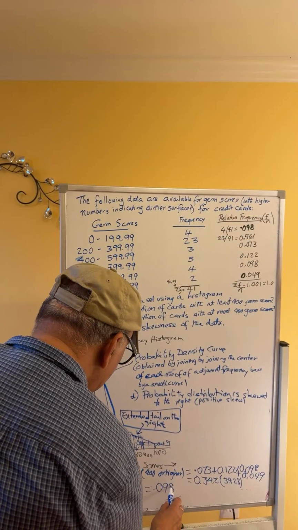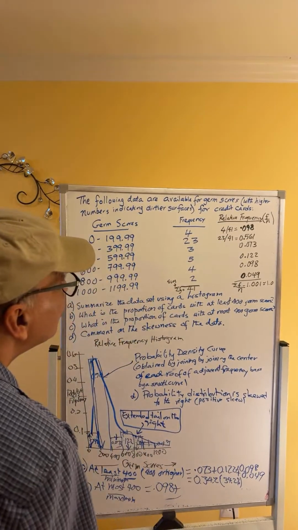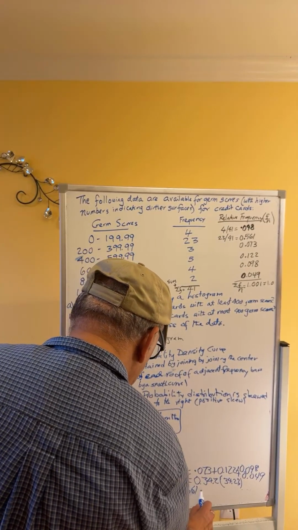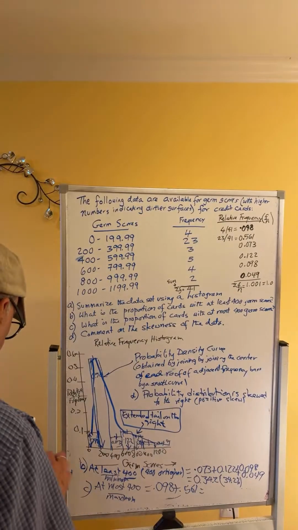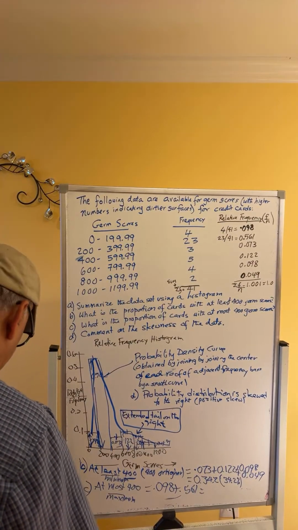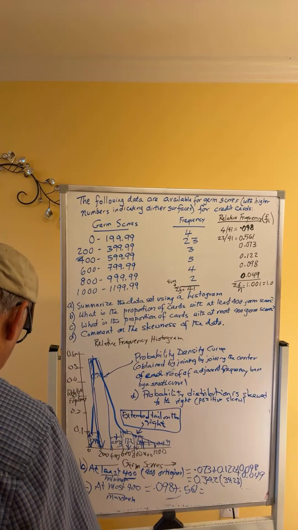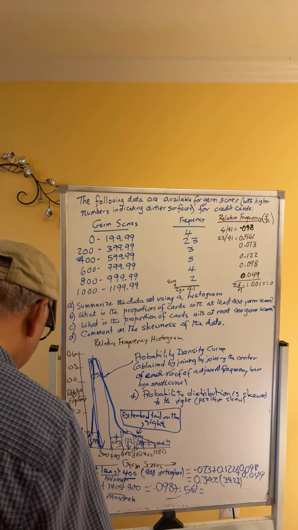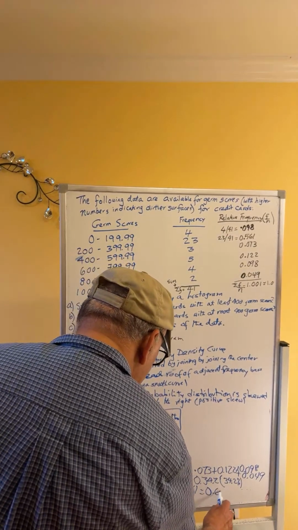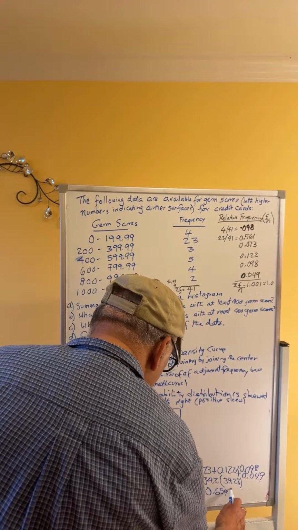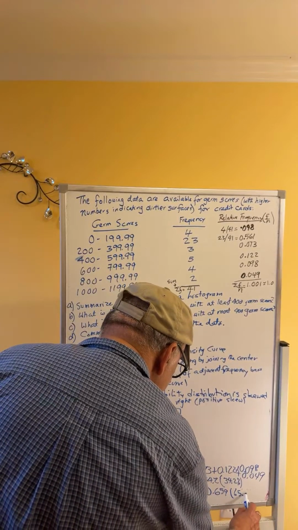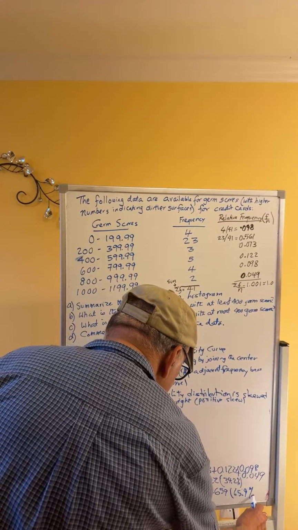It is 0.098 plus 0.561, and that will add up to 0.659, and then you multiply it by 100, shift the decimal 2 places to the right, it is 65.9%.